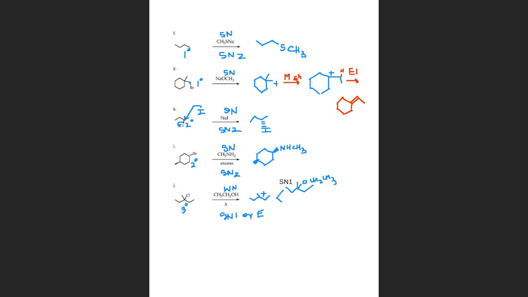And then if it was E1, we still have this molecule, and then we want a double bond. We want the most substituted double bond. So then we would form it right there. All right, so that's how this molecule would look. Did that make sense?